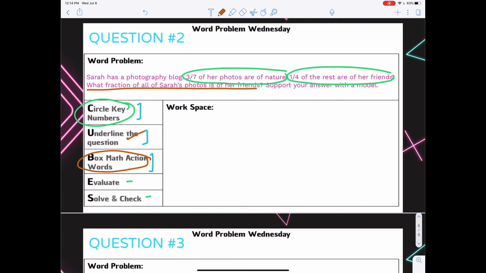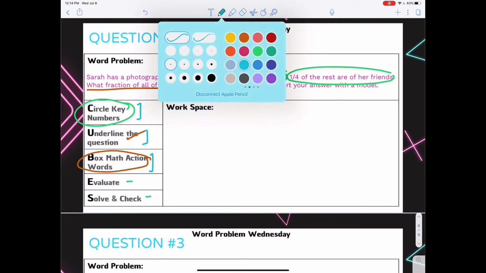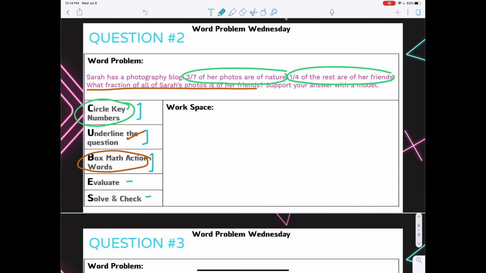And then for box, as I mentioned in the last one, these word problems don't just say multiply. It is difficult to find what box math action words we need to find. So what I'm going to box is "of all Sarah's photos," because that will tell us that we need to focus on the remaining.